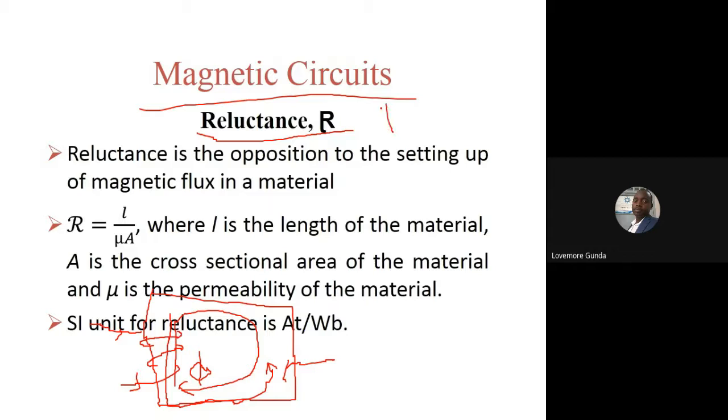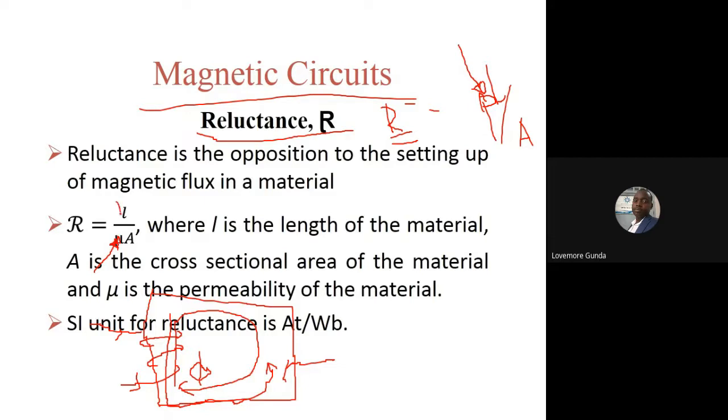In as much as we said R is rho L over A, if you look at it closely, reluctance is L over mu A. Looking closely at the equation, you realize that resistance is proportional to opposition or difficulty, whereas reluctance is inversely proportional to the enablement, the permeability, which is how it allows flux.